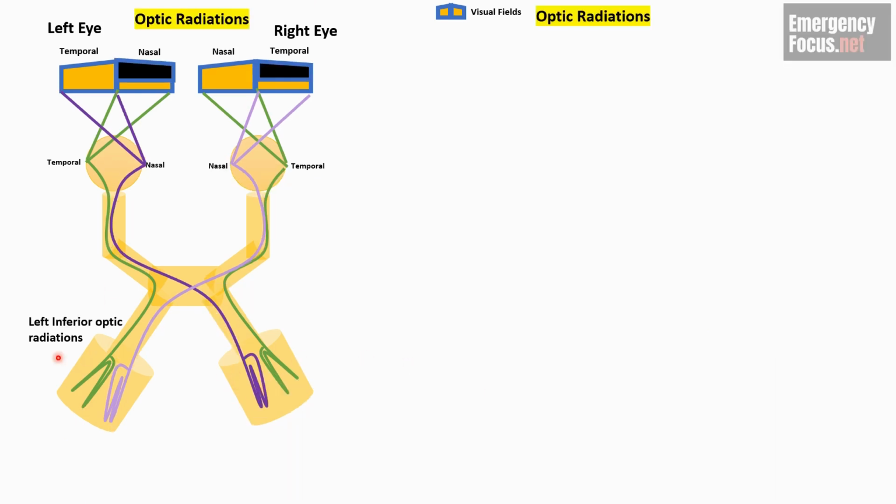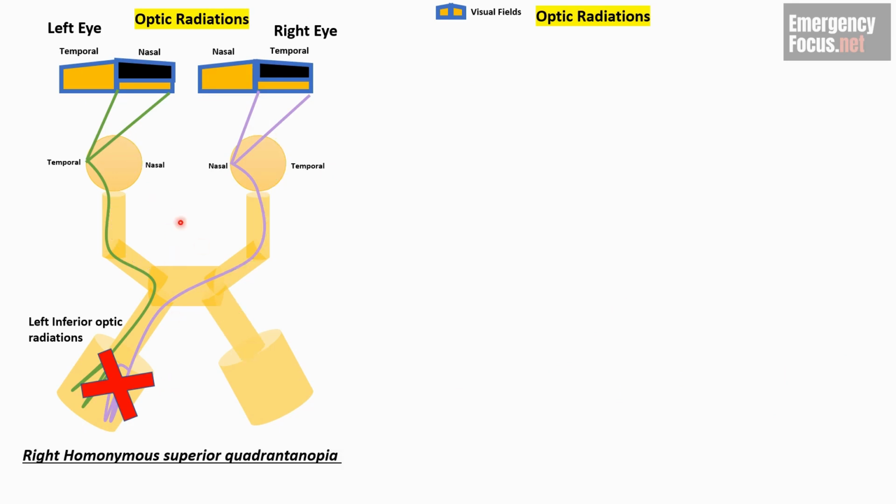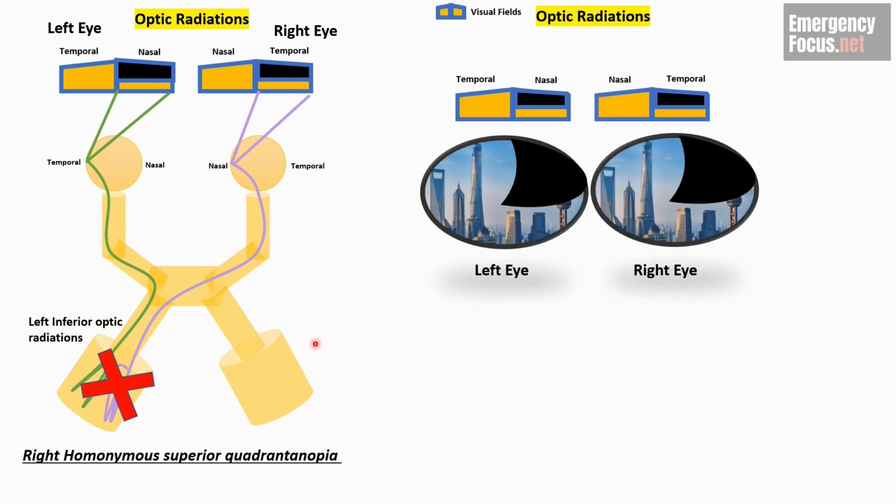Let's consider the left inferior optic radiation damage. To make it easy, let's remove the other side of the visual pathway. So I said the left inferior optic radiations. We are on the left side. We're going to talk about the inferior optic radiations. And pretty much we can see what is the meaning of this.